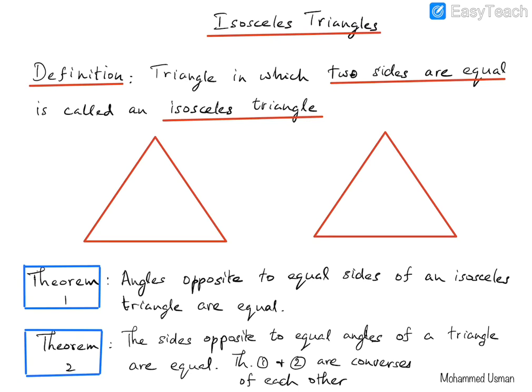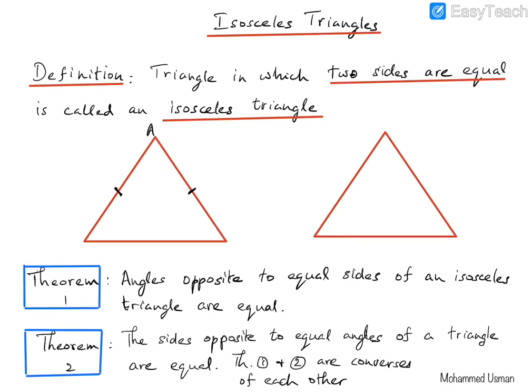And with regards to an isosceles triangle, we have a couple of theorems. These theorems are the converse of each other. So if you know one theorem, you can write down the converse by reversing the statement, and you will get the converse theorem. The first theorem with regards to isosceles triangles is that the angles opposite to equal sides of an isosceles triangle are equal. So if we have an isosceles triangle which has two sides of the same length, I'm marking the sides which have the same length by this black dash.